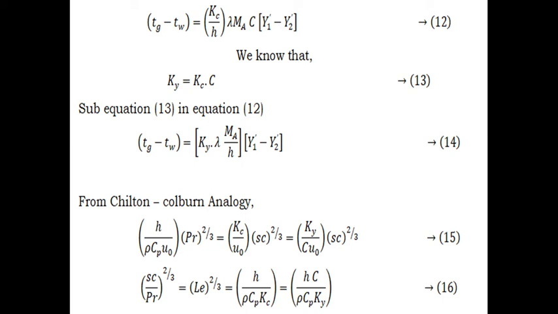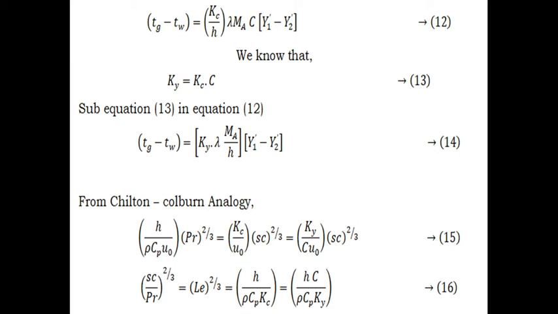Substitute 13 in the 12th expression. Tg minus Tw is equal to, with Kc equal to Ky by c, so here the c's are cancelled. Finally, Ky into lambda Ma by h into (y1' minus y2'). This is the 14th expression.